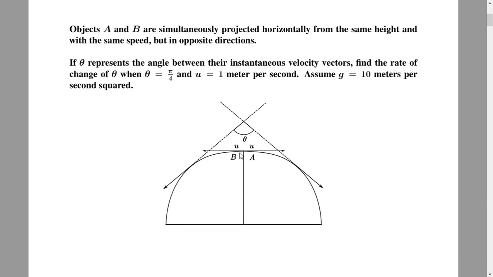So this is the setup. From this point, two objects A and B are projected horizontally, but in opposite directions with the same speed. Suppose this is the angle theta, which is the angle made by the velocity vectors of the two projectiles at any time t.